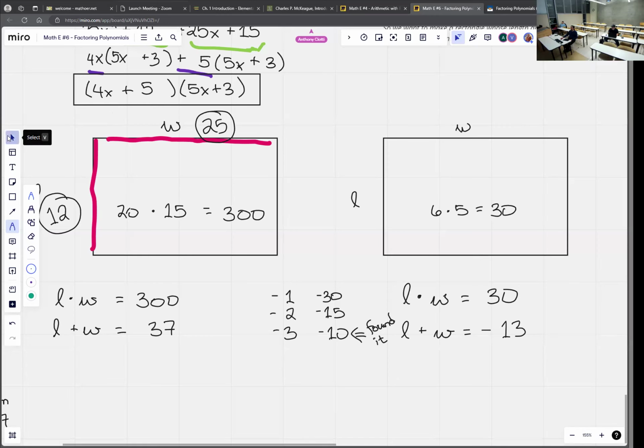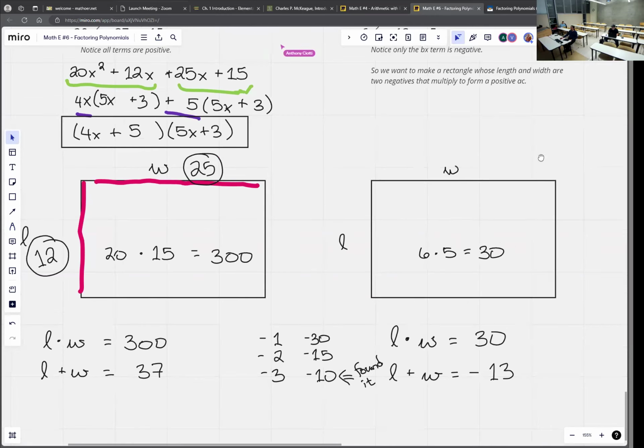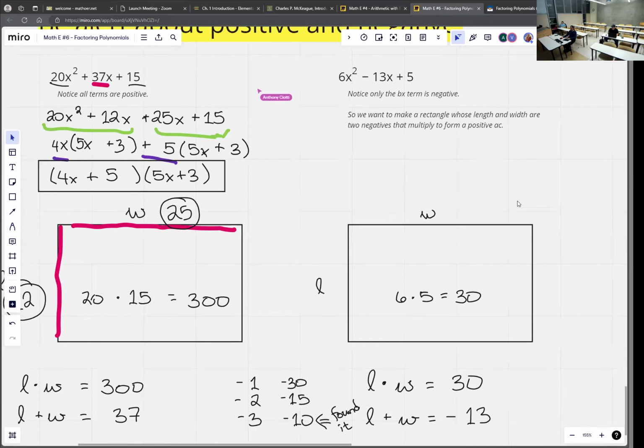That is fine. Okay, so negative 3 and negative 10. So I will break apart my negative 13 to be 6x squared minus 3x minus 10x plus 5.